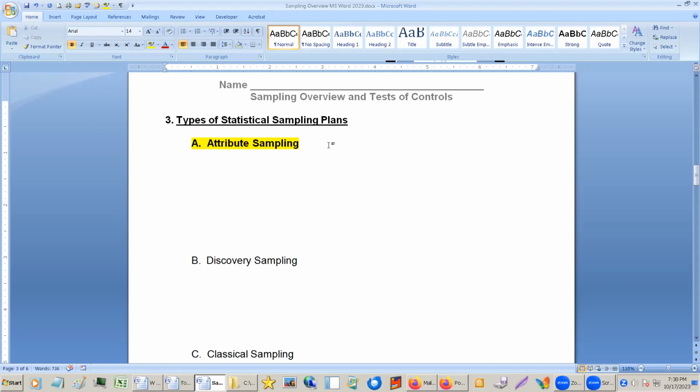This is probably the most tested on the CPA exam, attribute sampling. I'll tell you why in a second. But yeah, so attribute sampling for attributes.